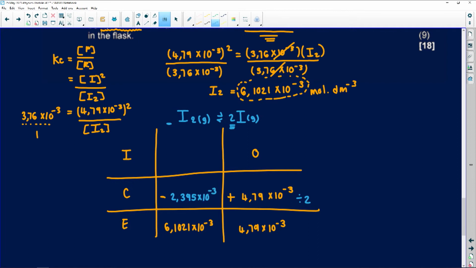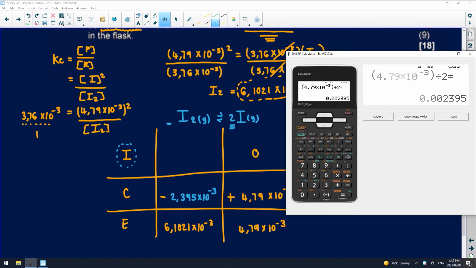Now remember, I don't know what I had initially. I know that I've used up 2.39 times 10 to the negative 3, and at equilibrium, this is what I was left over with. Now, I need to find what I had initially. This is just mathematics. If you've used this, and this is what you've left over, it means the sum of these two is what you had initially. So I'm just going to add them together.